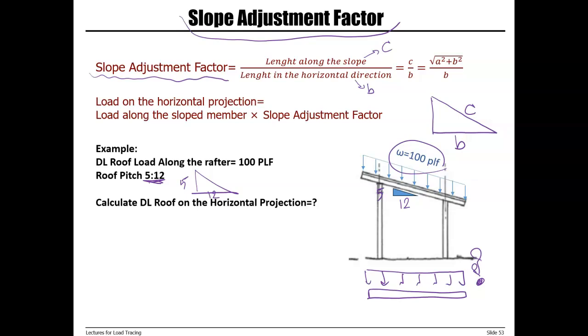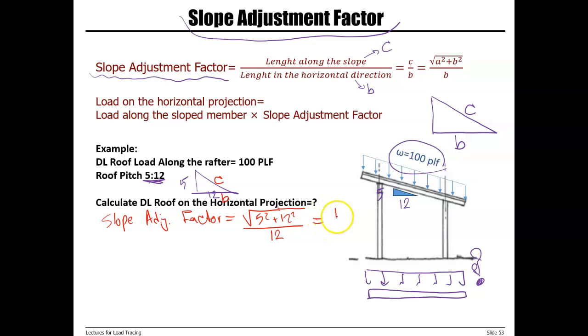So in this example, a slope adjustment factor is equal to C, which is 13, divided by B, which is what?